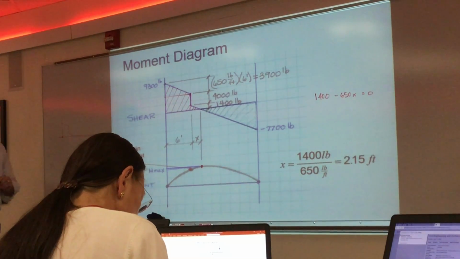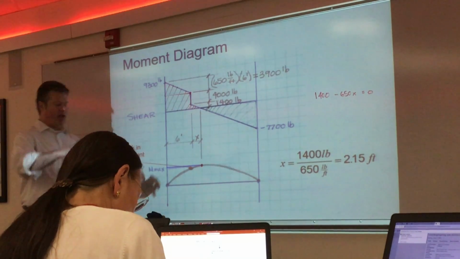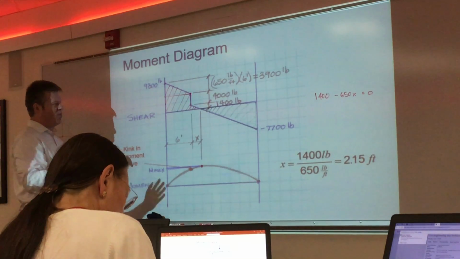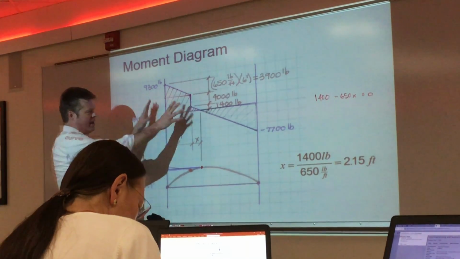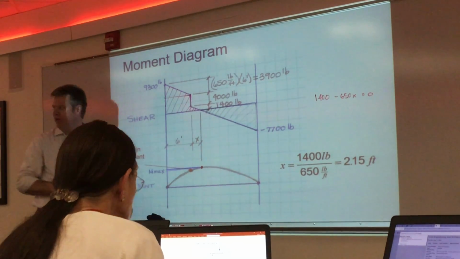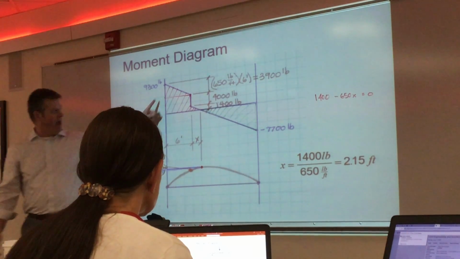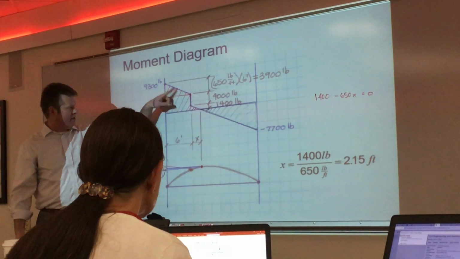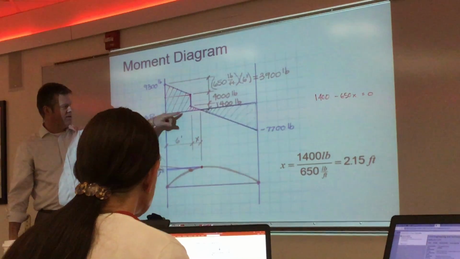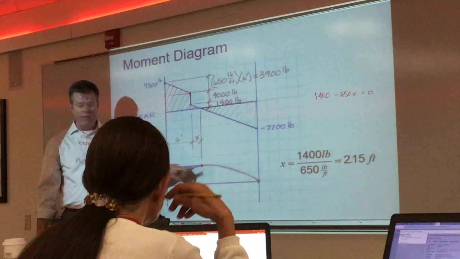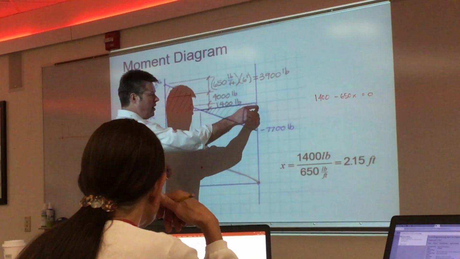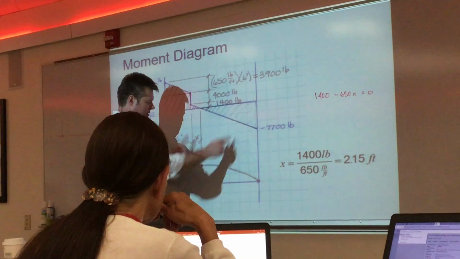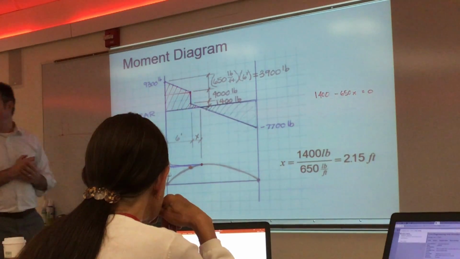It takes a little bit of thinking, because your brain starts here and then they do the math off of this. They do the areas under the shear, and the area of this little shape, triangle plus rectangle plus triangle, equals the magnitude of that. 7,700 times whatever this distance is, divided by 2, also equals that.